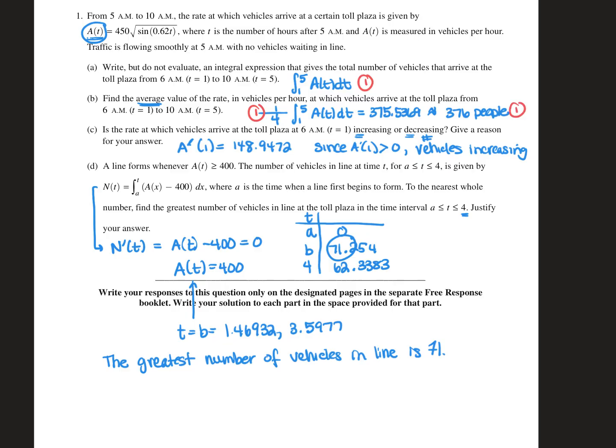Part C is worth 2 points: 1 for looking at A prime of 1 and 1 for the answer with explanation. Part D, the first point comes from considering N prime. The second point comes from finding A and B. The third point comes from the answer, and the fourth point from the justification.